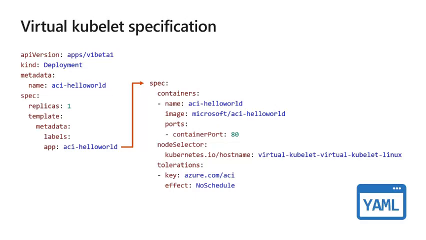Virtual kubelet specifications. This file is a kubelet specification file that describes the container-based application that should run using virtual kubelet. In this example, we are using the Linux-based ACI Hello World container. We could opt to use Windows-based containers such as Nano Server IIS instead.